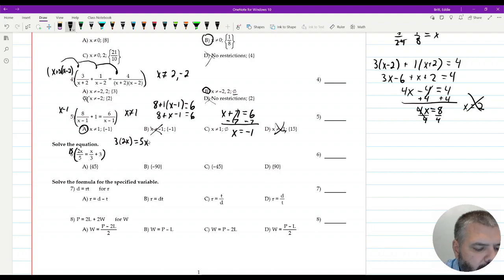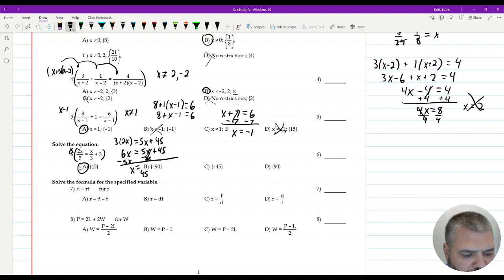And then be careful, notice this last term here doesn't have a denominator. So you just have to say 15 times 3, and that gives you 45. So I have 6x equals 5x plus 45. Get the x's on one side. I'm going to move that to the left side. You can see I got 1x equals 45. So that's my answer.